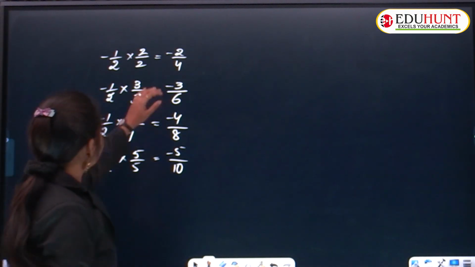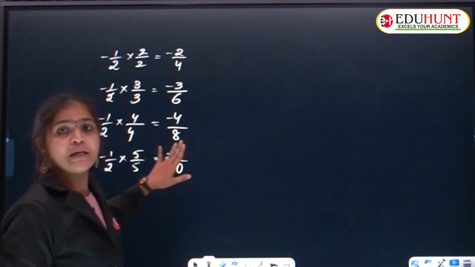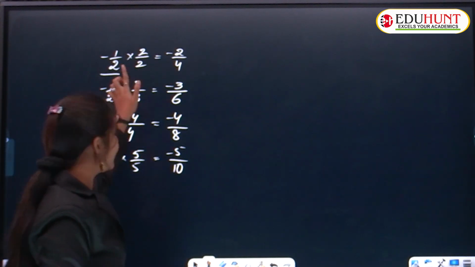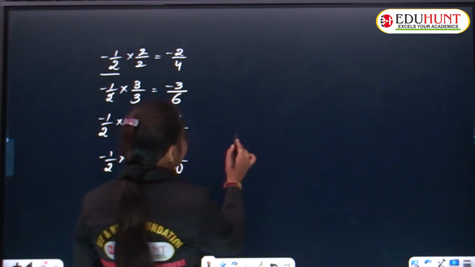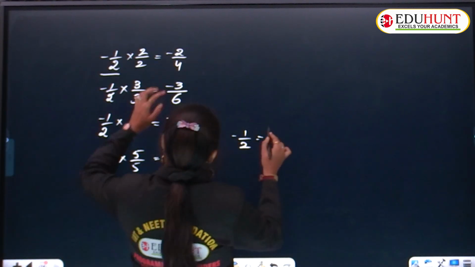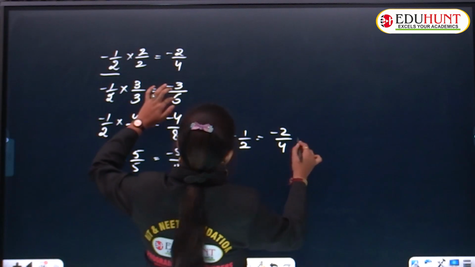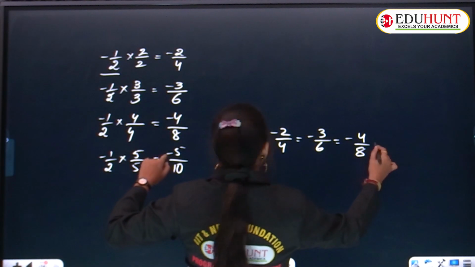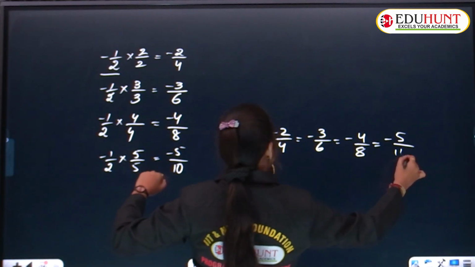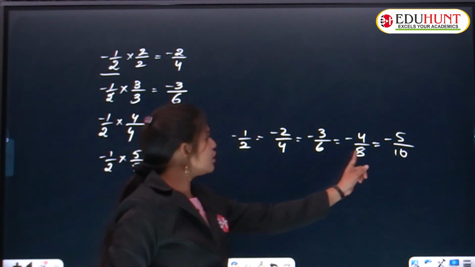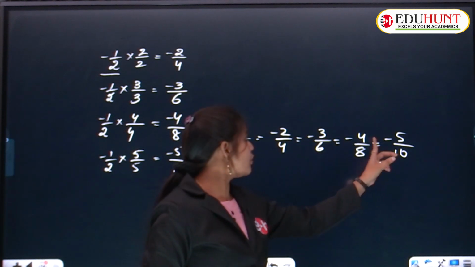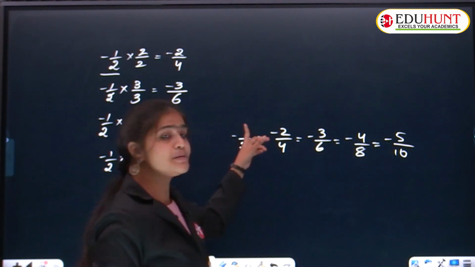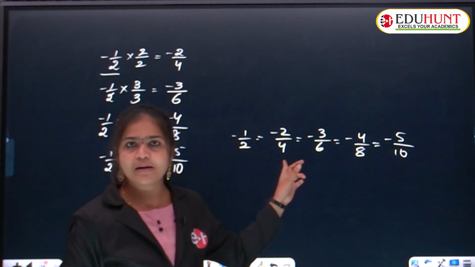These are all negative rational numbers, equivalent rational numbers of minus 1 by 2. So how can we represent this? Minus 1 by 2 is equal to minus 2 by 4, equal to minus 3 by 6, equal to minus 4 by 8, equal to minus 5 by 10. After simplifying all these rational numbers, again you will get minus 1 by 2. Am I clear, my children?